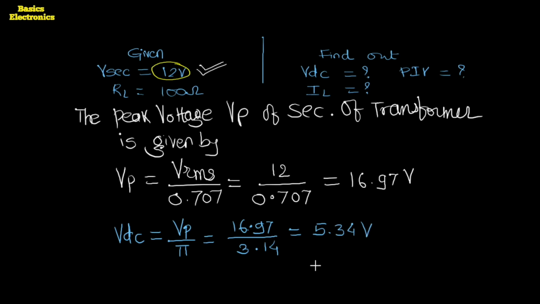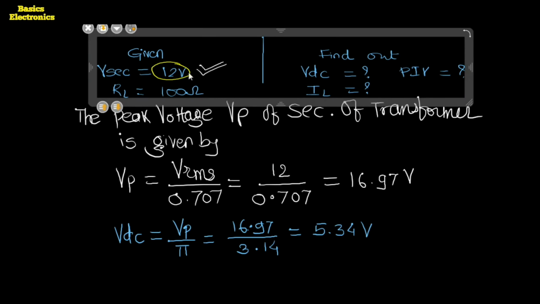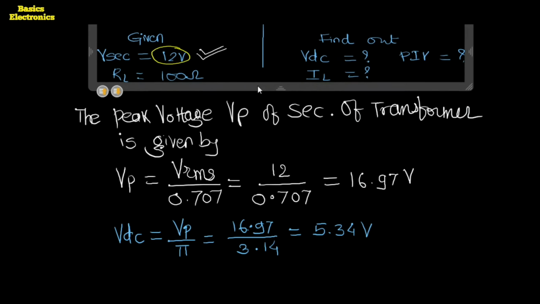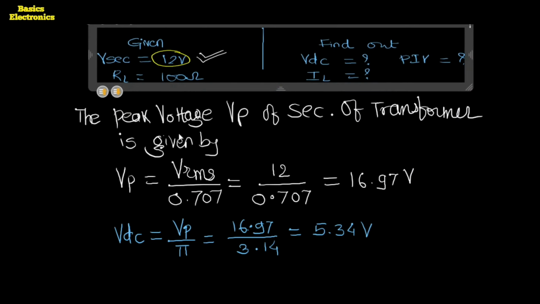Okay, so we have to calculate the DC output voltage, and to calculate this DC output voltage we use the formula VDC equals to Vp upon pi, and if we use this value, then we get here the output voltage, that output voltage is 5.34 volts. Now what we have to find out?